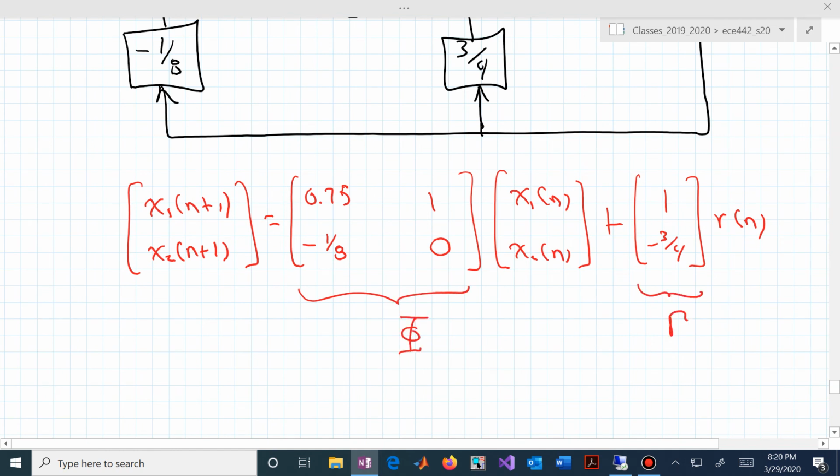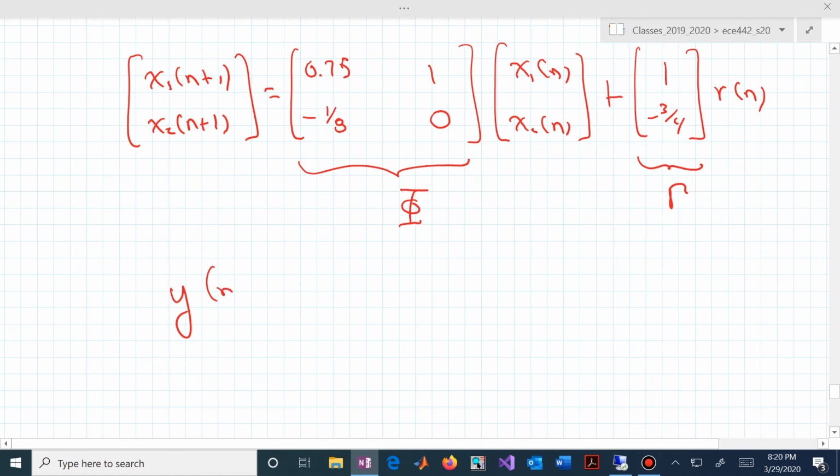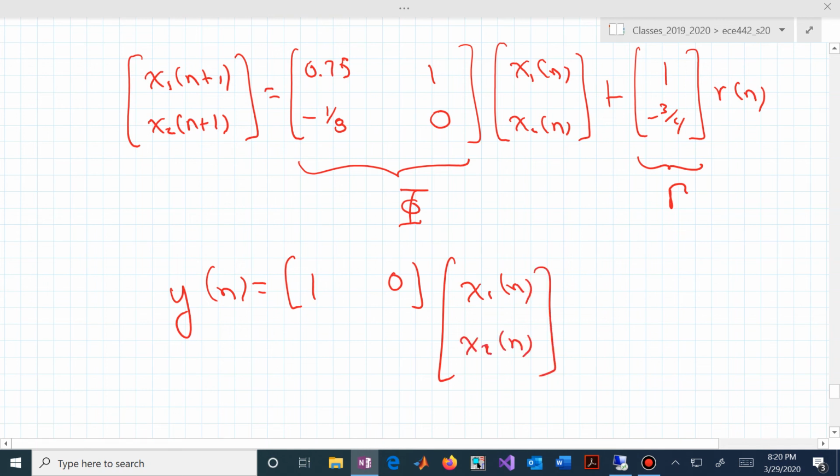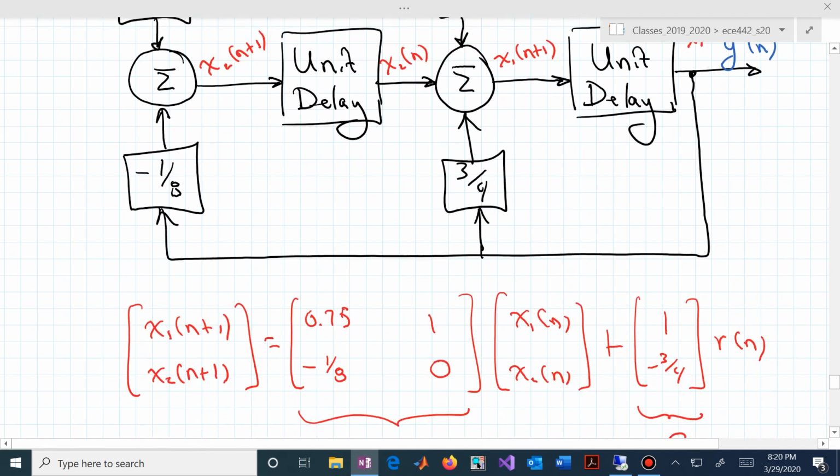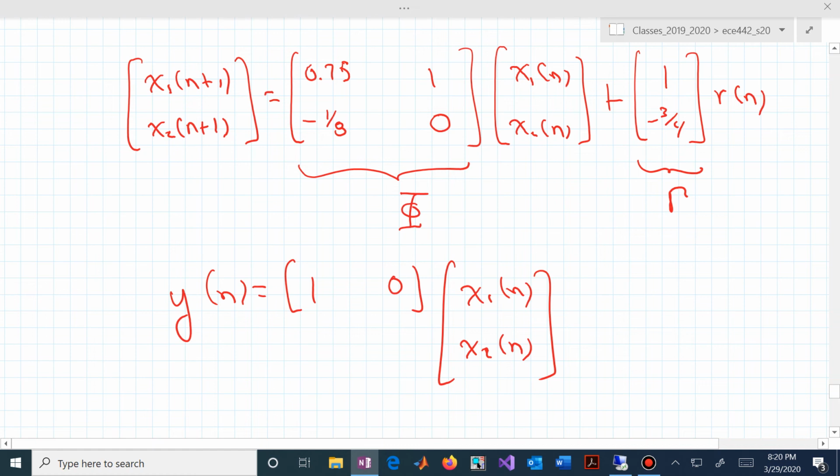This is our gamma matrix, and our output matrix, if we wanted it, is some linear combination of x1 and x2. The way that we labeled this all delay block diagram, y of n is in fact x1 of n, and so C, the output matrix, or maybe we called that H in the discrete time setting, is just 1, 0 as a row vector.